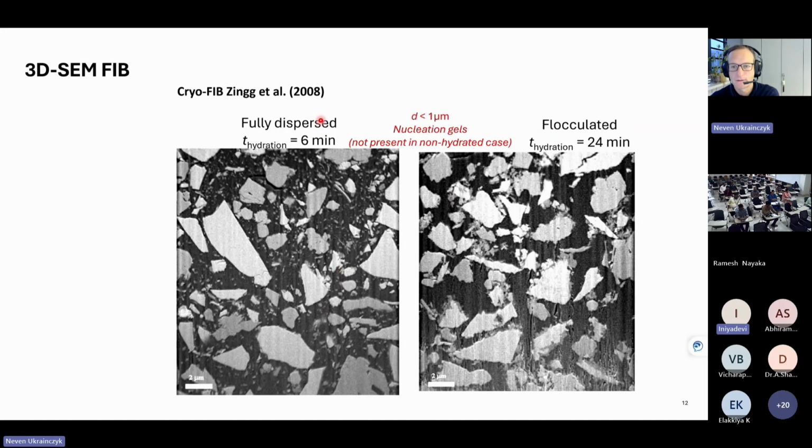This is really nano, it's not the micro CT. You are using the scanning electron microscope, removing with focused ion beam layer by layer, and then you can get these 3D images at the nanoscale. So this is also for the characterization of the materials part. That's why I'm explaining these characterization techniques.